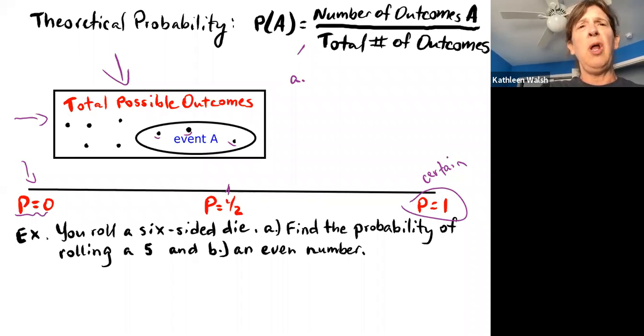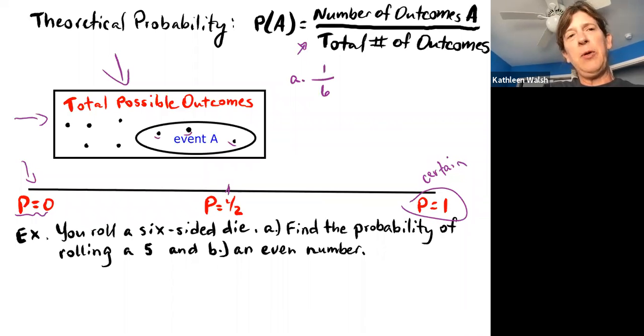I know that a 6-sided die only has one 5. So the total number of outcomes would be 6 because it is a 6-sided die, but there is only one 5 on the die, so that would be 1/6, and that is my answer for A.